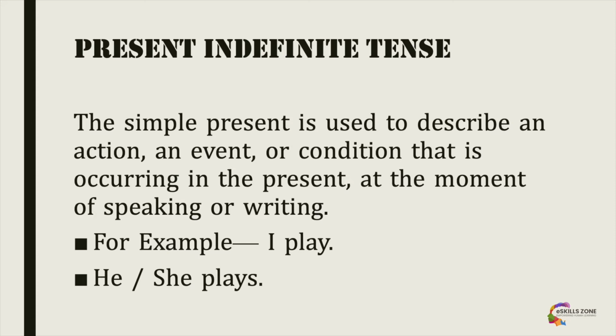So here, let's say he goes to school. That's a positive sentence, and now we want to make it negative, so it will be he does not go to school. Now in order to make it interrogative, we'll be starting with helping verb, so it will be does he go to school.